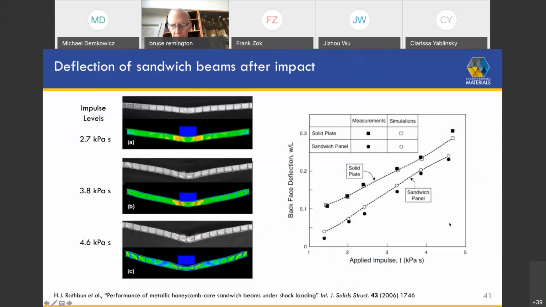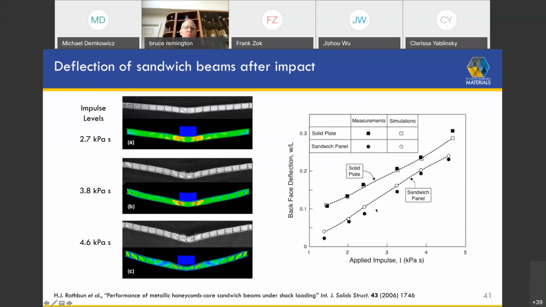And so now again, we can use these kinds of impulsive loadings to begin to understand how to model the response of these sandwich beams subject to these types of loadings. And we can do that for sandwich panels with various applied impulse, as well as comparing it to a baseline solid plate.